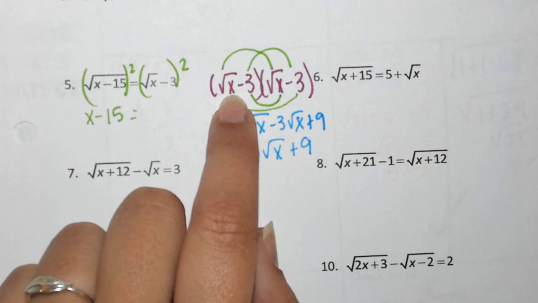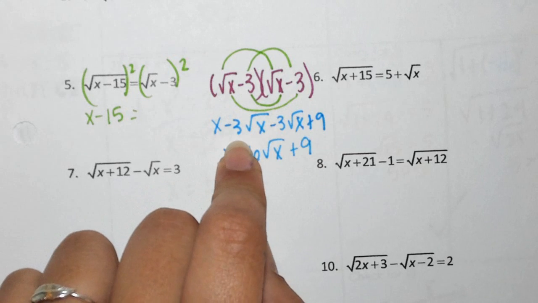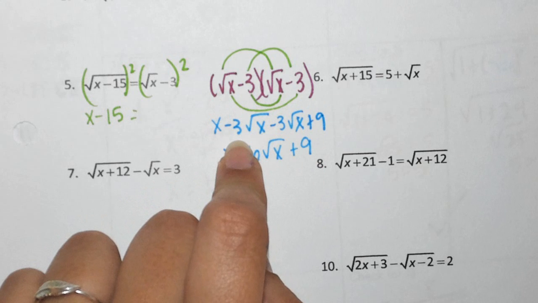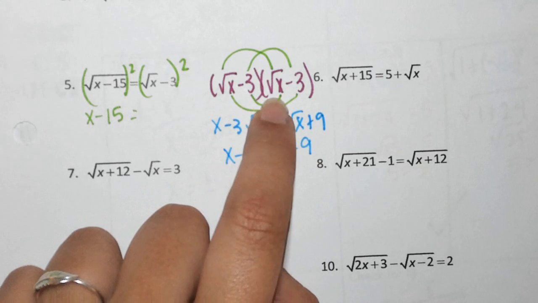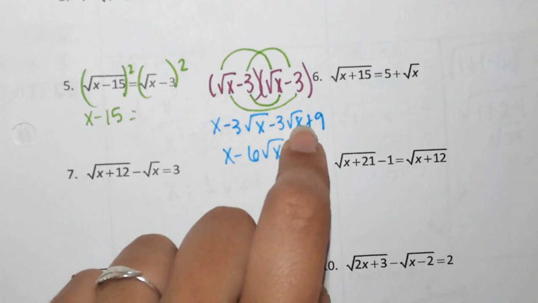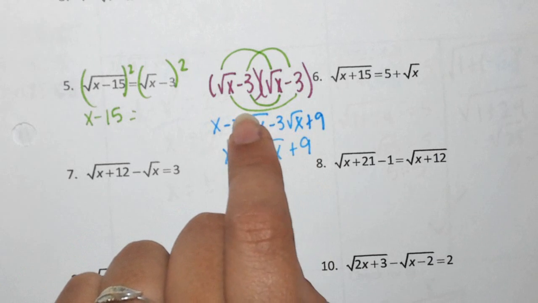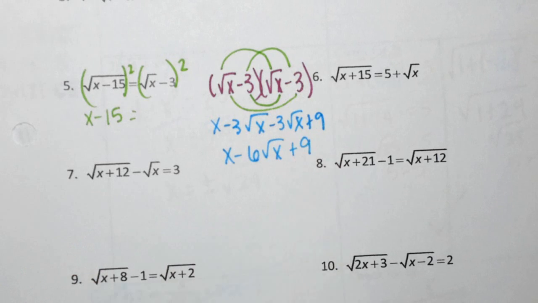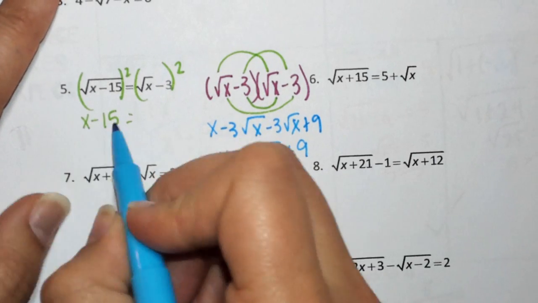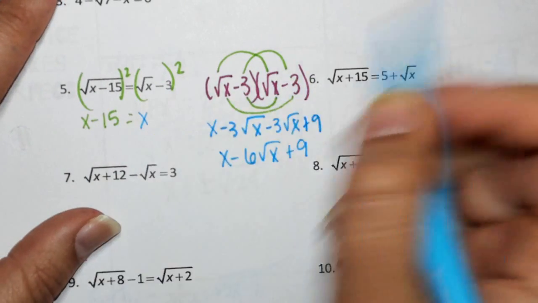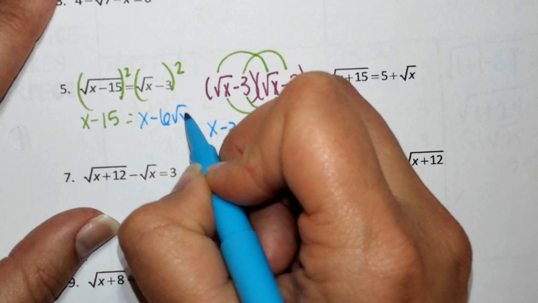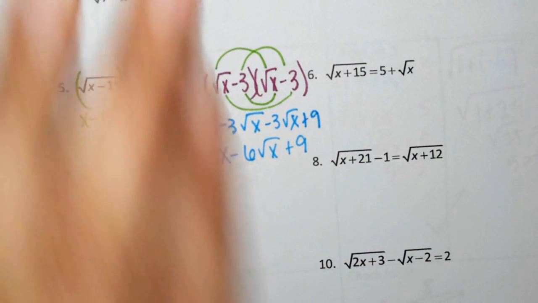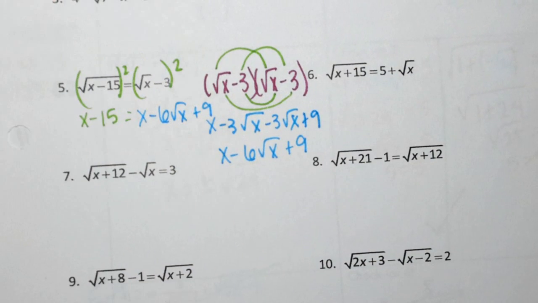Then I said the square root of x times negative 3, and I got negative 3 root x. And then I said negative 3 times the square root of x, and I got negative 3 root x. And then I said negative 3 times negative 3, and I got 9. Alright, so then we set this x minus 15 equal to x minus 6 root x plus 9. It's not as crazy as it looks.